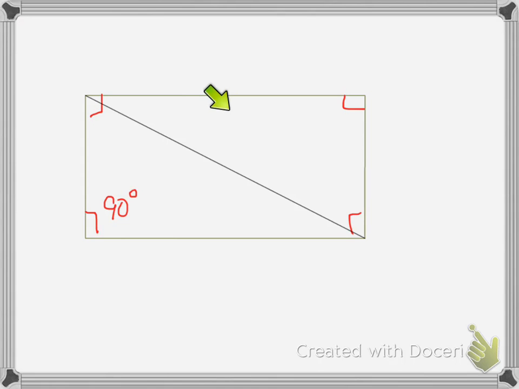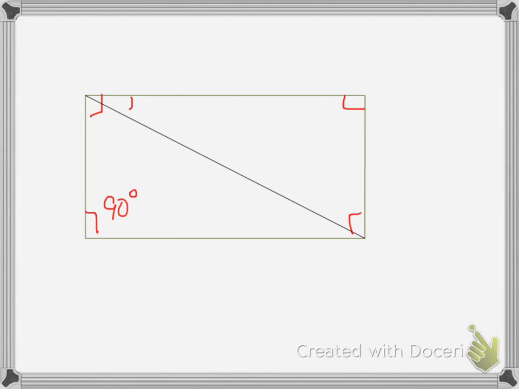So if you look at this diagonal, you could think of this as a transversal because these two lines here are parallel, cut by this transversal right here. So what would we know if I look at this angle right here?